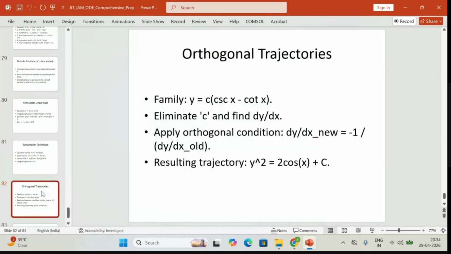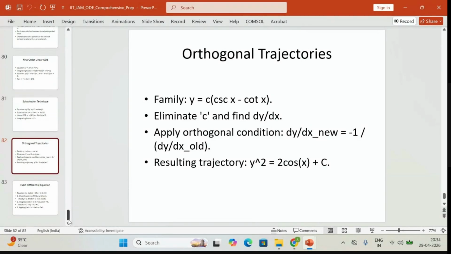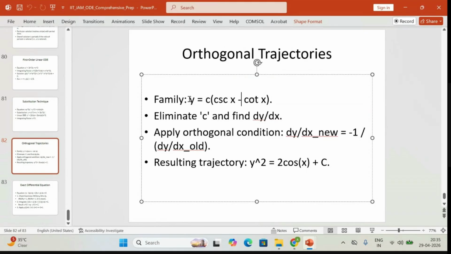The next one is orthogonal trajectories. So the family is y equals c cosec x minus cot x.